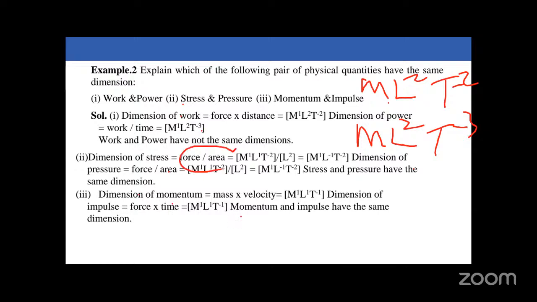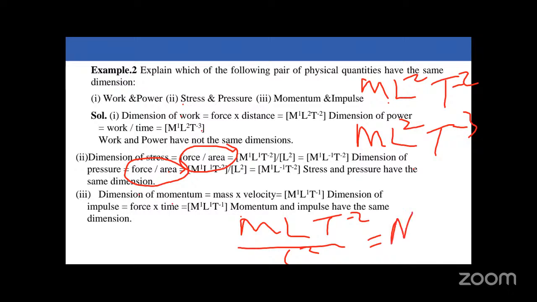Since both are force over area, it means that force, which is MLT minus 2, over L2, gives M L minus 1 T minus 2. So they are the same.